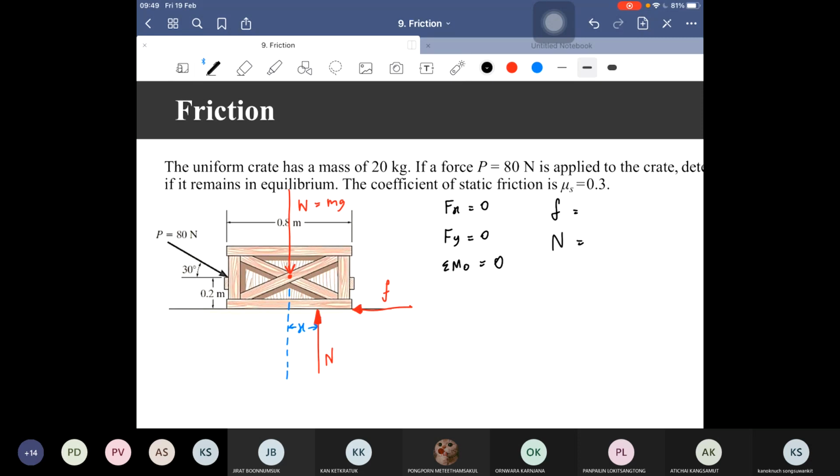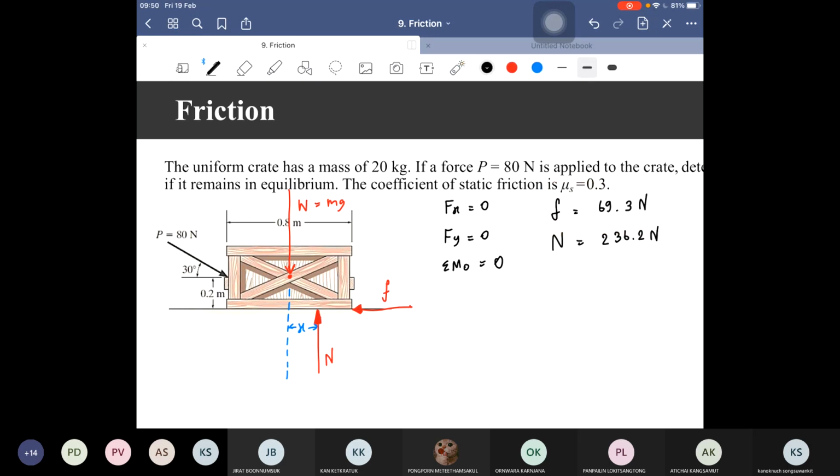Okay, so how much is the friction force? I can calculate friction as 69.3 Newton, and normal force N is 236.2 Newton. Okay, so next we have to determine if the box is moving or not.